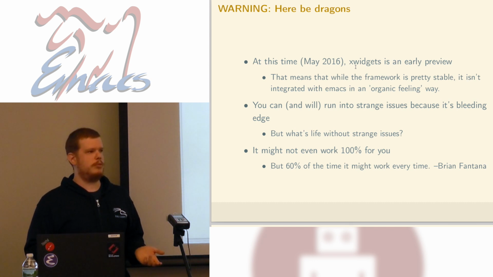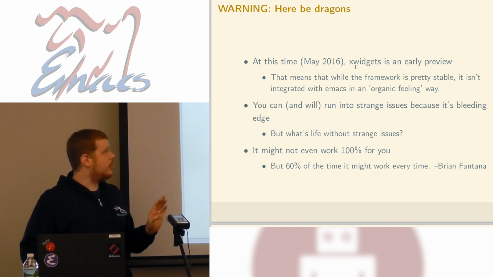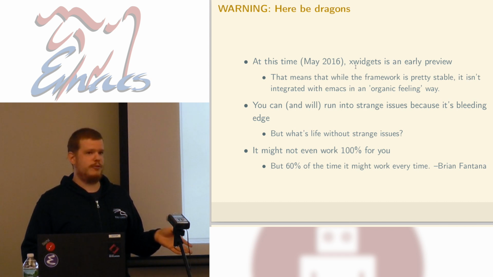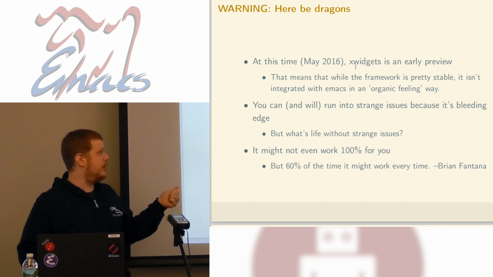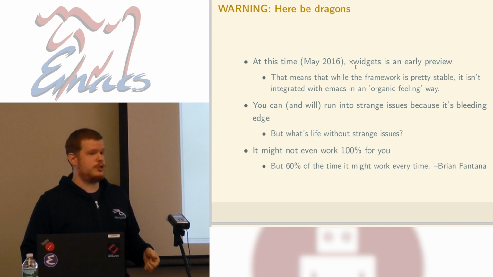They probably would call it more of a stable feature that could integrate with other features. But that aside, it's still an unreleased version of Emacs, and it's still being developed. So I will guarantee you will run into strange issues. It's called bleeding edge for a reason, you know.